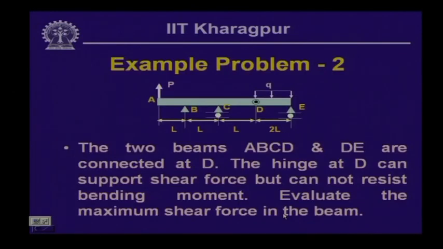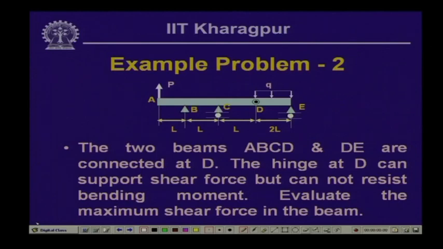Now, let us look into another example, which in fact I had given you last time, wherein in this beam we have an articulation introduced, and this beam is of indeterminate type. Here the beam is on a hinge support, on this it is on a roller support, and this is also on a roller support.